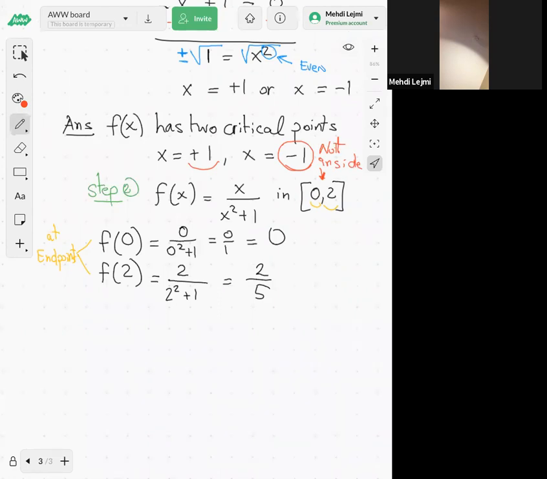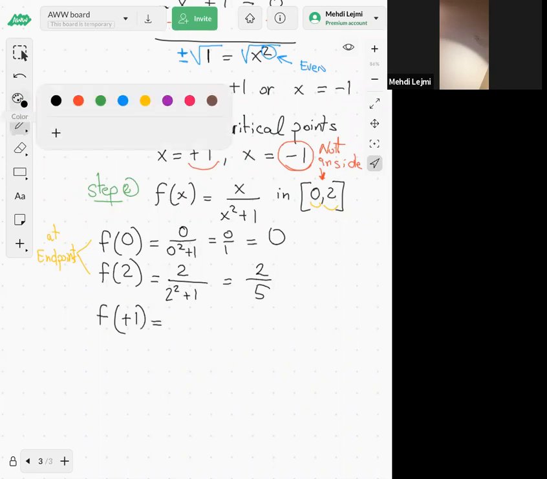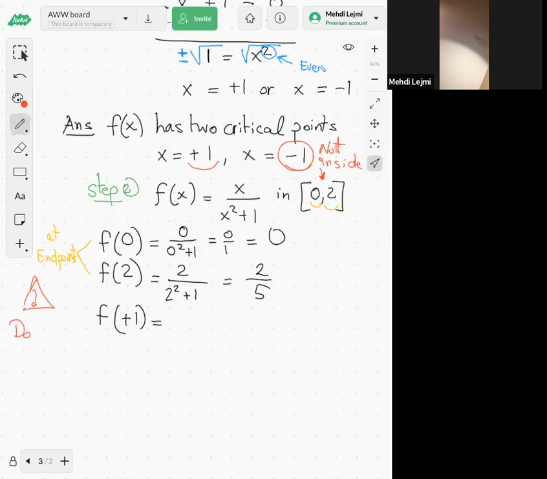So in this step number 2, I have to evaluate f only at plus 1, not at minus 1. Just be careful here. Don't evaluate at minus 1 because it's not in the interval 0, 2.